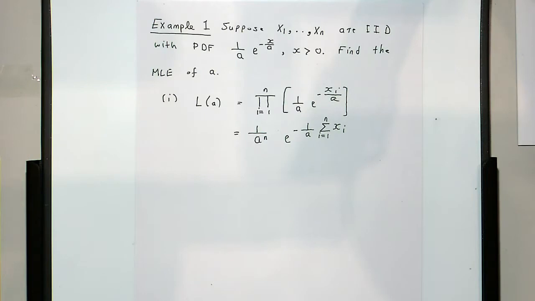For example, the product of a constant is the constant to the power n. The product of a constant times xi is the constant to the power n times the product of xi. The product of exponentials of a constant times xi is equal to this. And finally, the log of a product is equal to the sum of the logs.